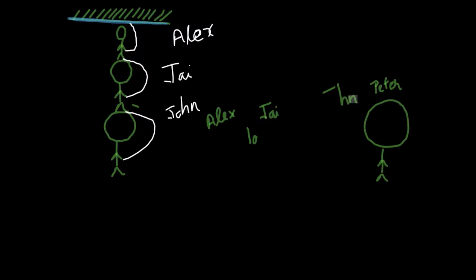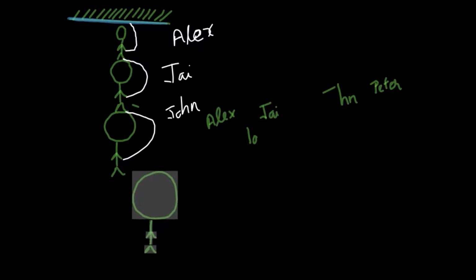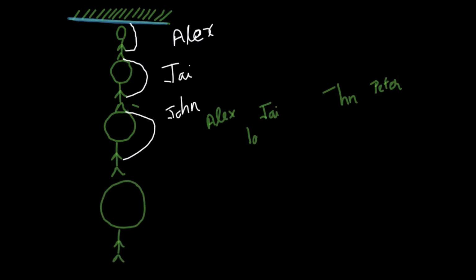And the last person, our big guy here, that is Peter. So let us bring Peter. Okay, Peter is cooperating. Okay, Peter is holding on to the foot of John by a rope of some sort.